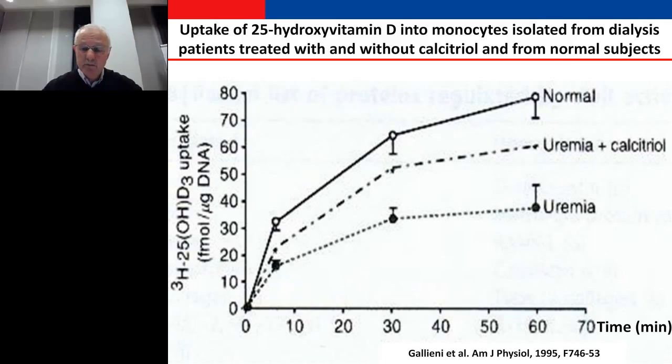For example, patients with renal impairment have a lower uptake of 25-hydroxyvitamin D into the target cells compared with patients who have normal kidney function. And if you administer the active hormonal form of vitamin D, 1,25-dihydroxyvitamin D, which is also called calcitriol, to these patients, the uptake of 25-hydroxyvitamin D into the target cells is also increased.